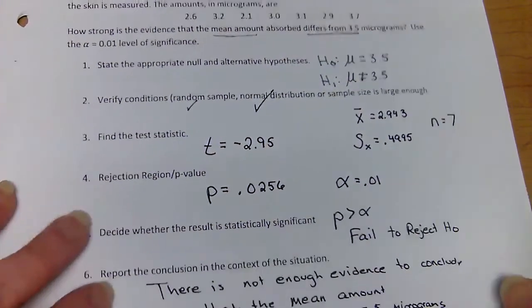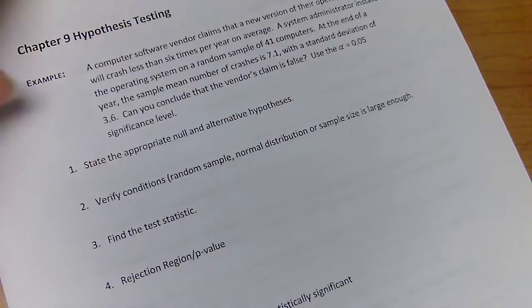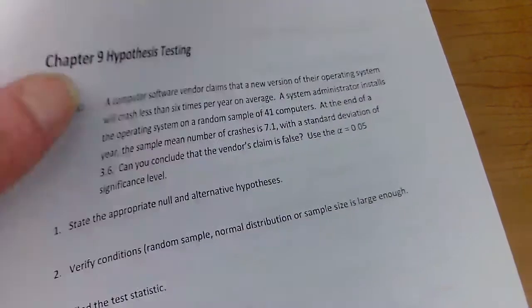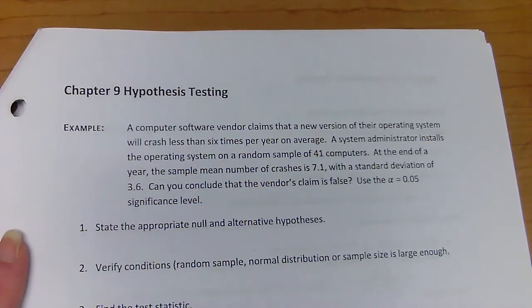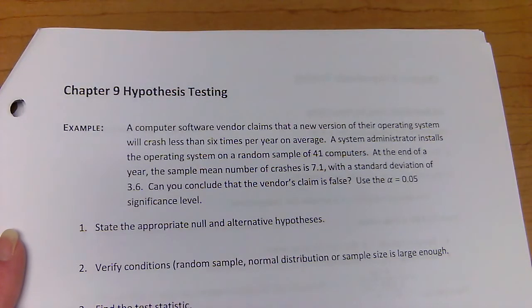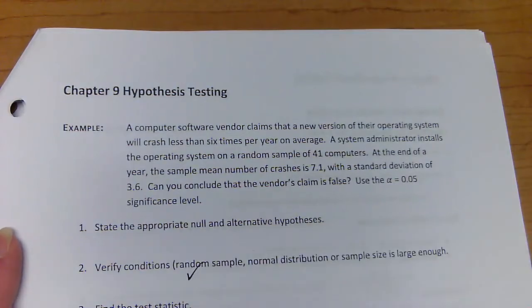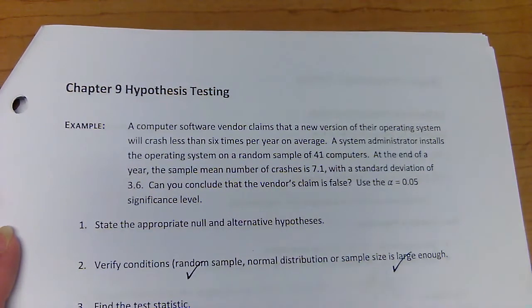Let's look at another example. We'll do this one. A computer software vendor claims that a new version of their operating system will crash less than 6 times per year on average. A system administrator installs the operating system on a random sample of 41 computers. Cool, large enough.